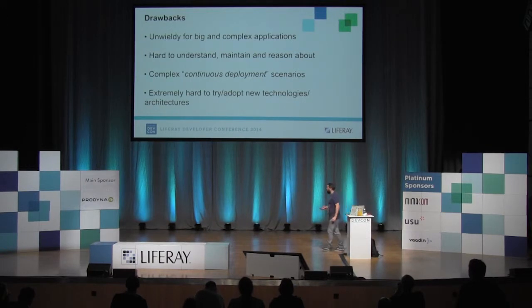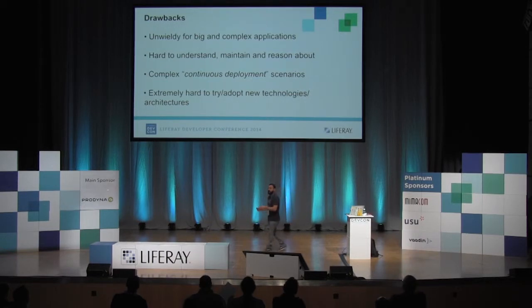But what happens when you move to a bigger application? Liferay is about 5 million lines of code. When you have 5 million lines of code in a single place, it's really hard to understand everything. It's really hard to maintain. It's really hard to reason about. When you hire a new guy and bring him into the team, it's really hard to train him and explain, okay, you need to change that, and you have to make sure that this change is not breaking anything on the other side of the product.